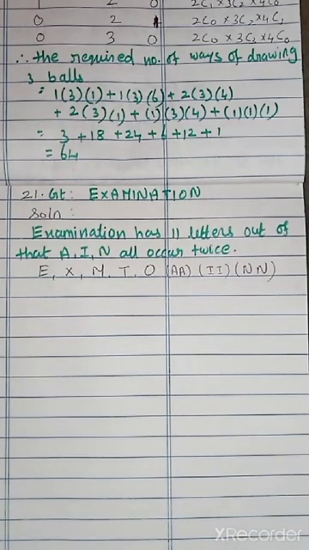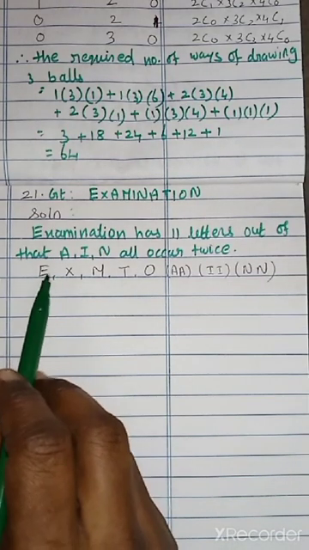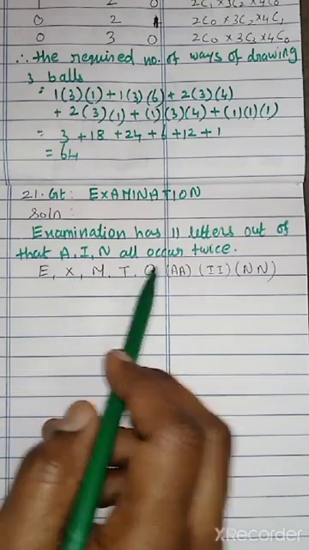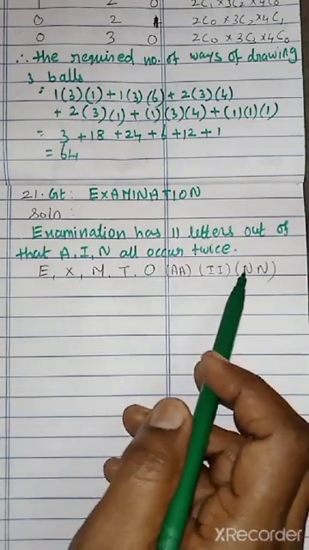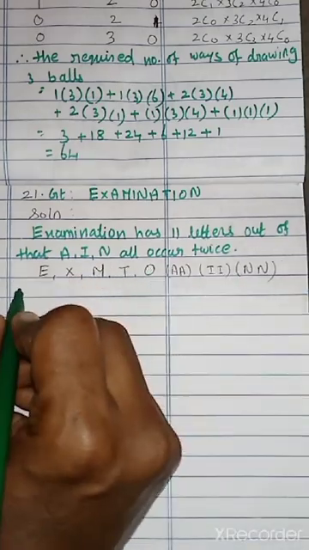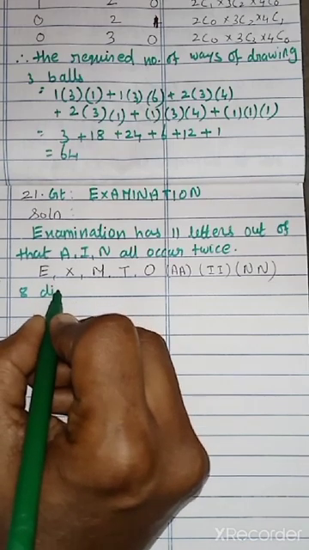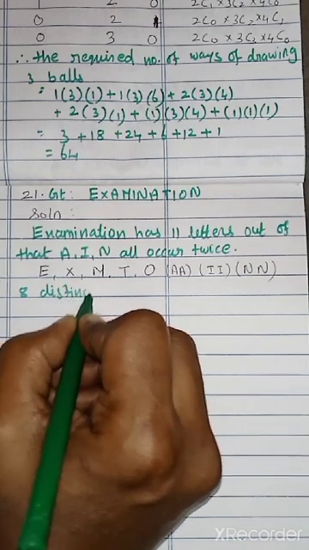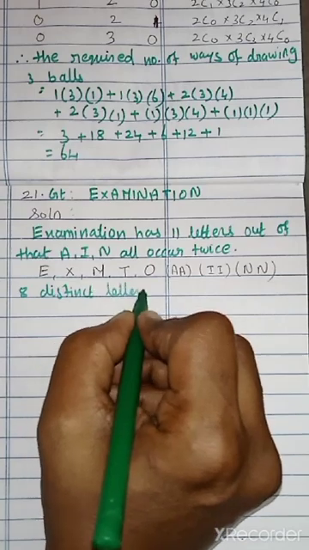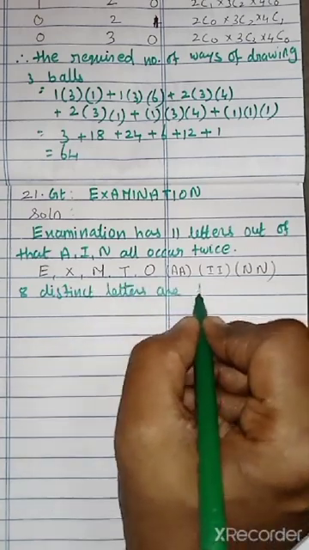Now how many distinct letters are there? 1, 2, 3, 4, 5, 6, 7, 8. So 8 distinct letters are there.